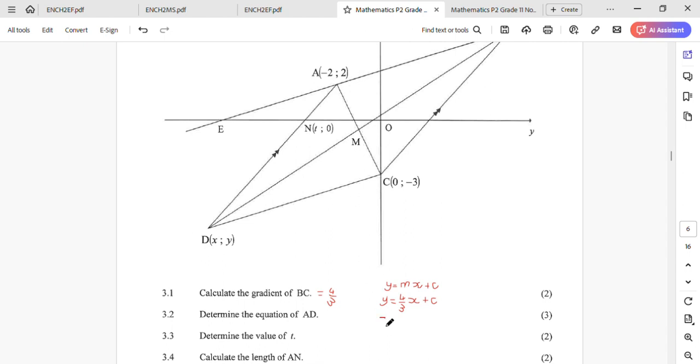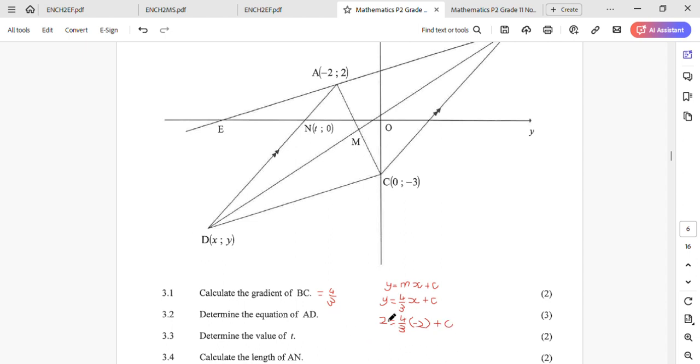Substitute it. It's 2 equals 4 over 3, this one. Our x value, we're going to substitute it. It's minus 2. Don't leave the negative sign. Plus the value c.